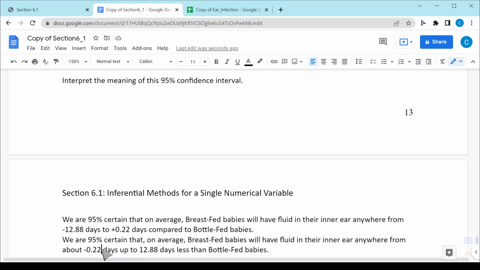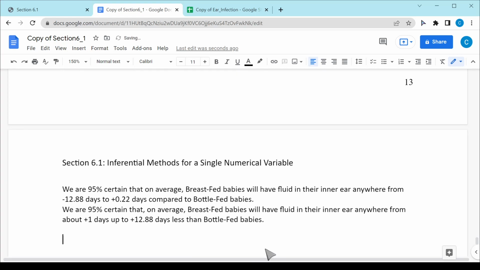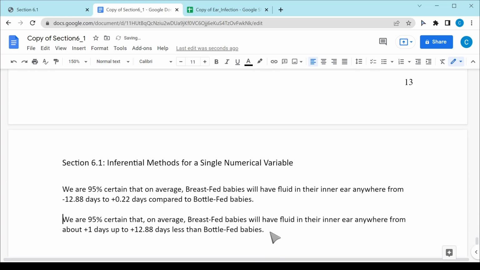Now if this was positive 0.22 days, or let's say it was positive 1 to positive 12, let's make it even easier. Sorry about that, getting on the bottom of the screen here.